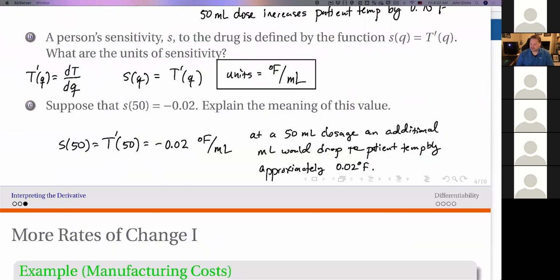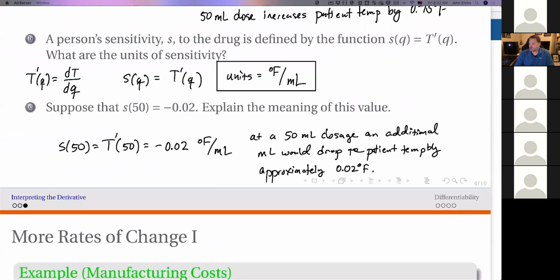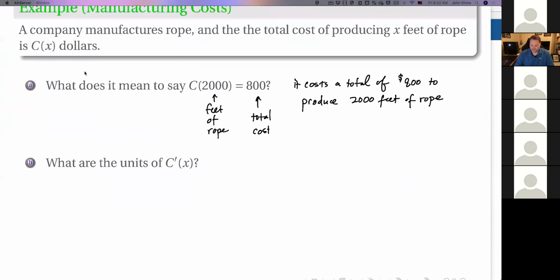Remember what I did on the last one: I took the derivative notation, transformed it to the Leibniz notation, and then looked at the ratio of the units involved there. So do the same thing here. Okay, we've got one person that says feet per dollar. We've got another that says dollar per feet. Does anybody else want to chime in?